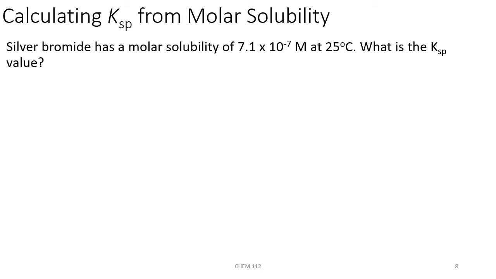So first we want to write our equation for the dissociation of our slightly soluble solid, which is going to be the silver bromide. Silver bromide's chemical formula is AgBr, and that's going to be our solid. It'll dissociate slightly and break up into its respective ions, which will be aqueous silver plus ions and aqueous bromide anions.